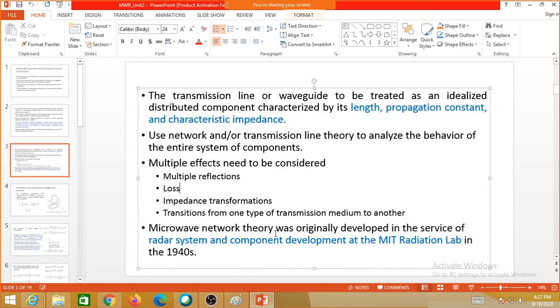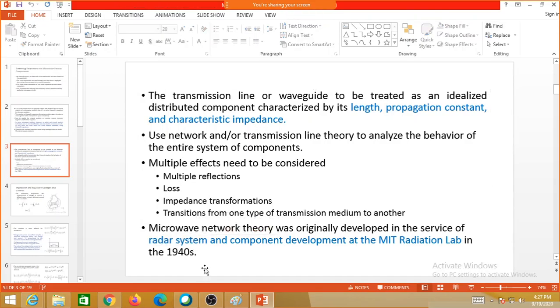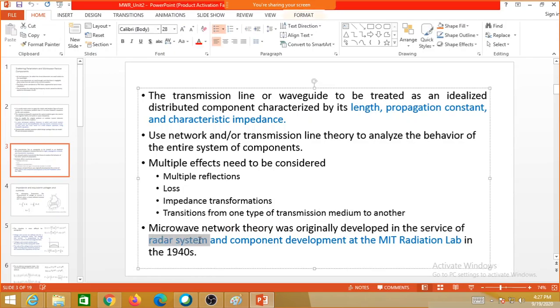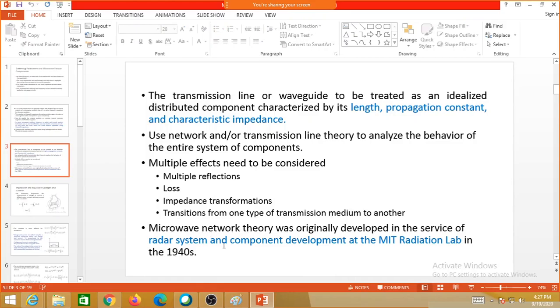And this microwave network theory was originally developed in the service of radar systems, because in radar we need to find the target of our interest. In developing these radar systems, this microwave network theory, as well as transmission line theory and waveguide theory, was used, because waveguides carry high power capacity.